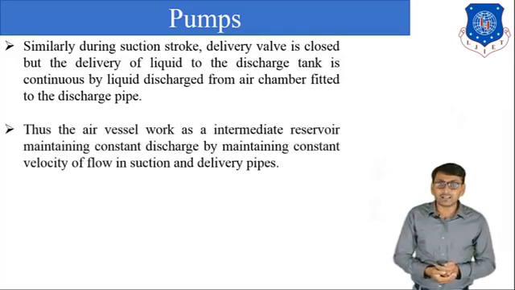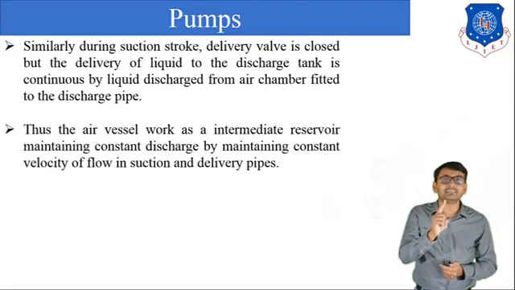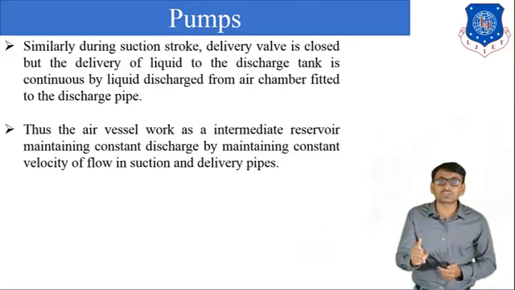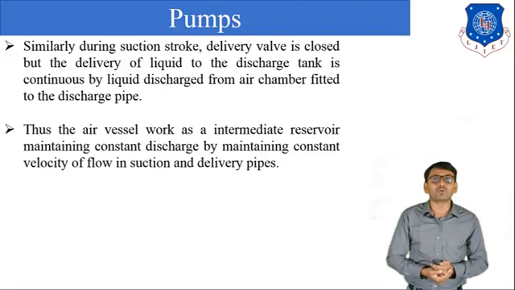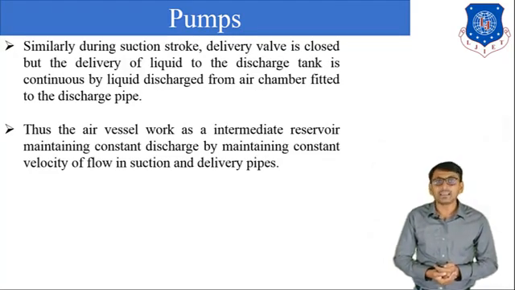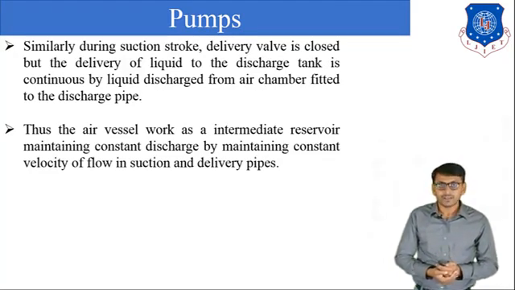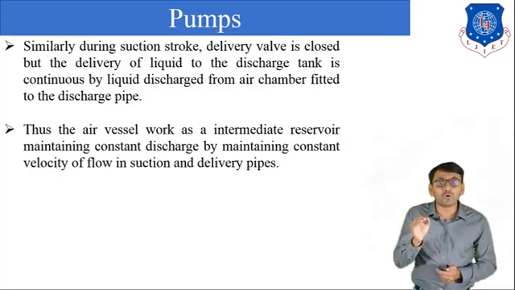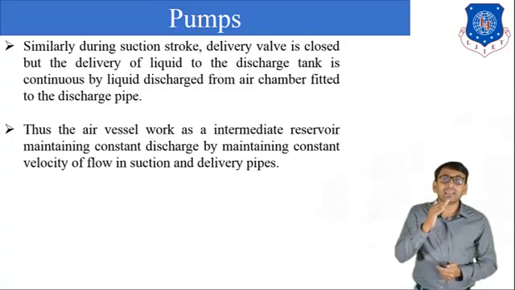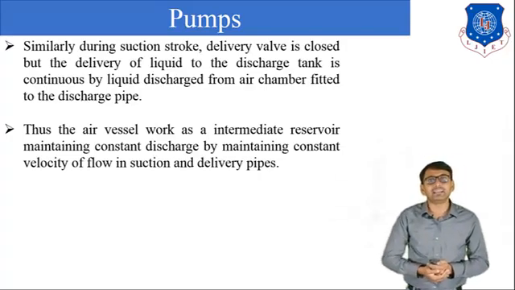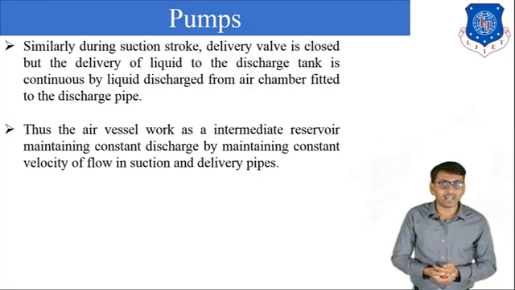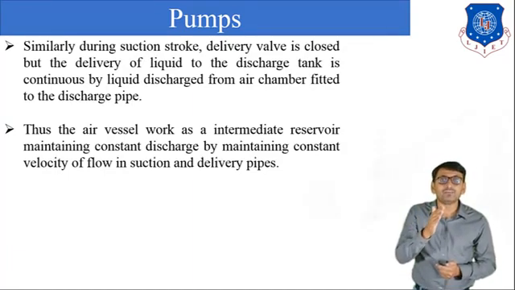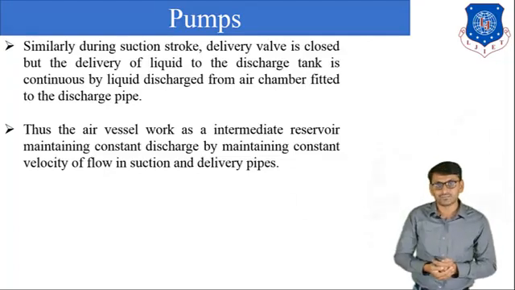Thus, the air vessel works as an intermediate reservoir, maintaining constant discharge by maintaining constant velocity of flow in the suction and delivery pipes. So the discharge of water during the first stroke is from the air vessel present at the discharge pipeline, and the discharge of water in the second stroke is the water discharged from the cylinder.